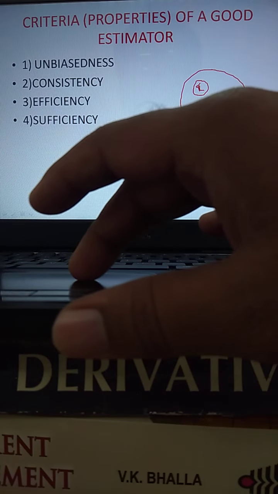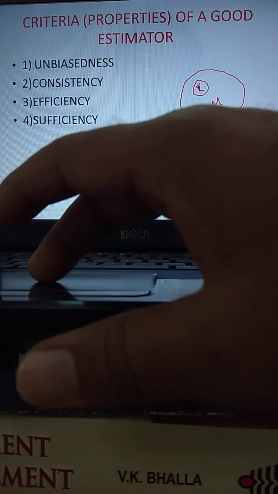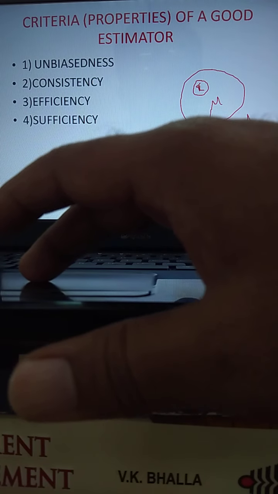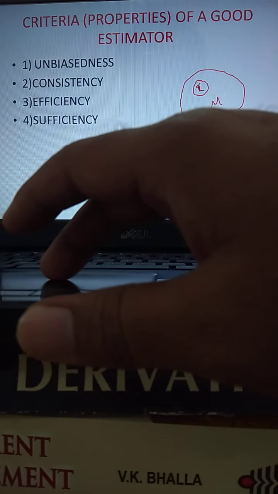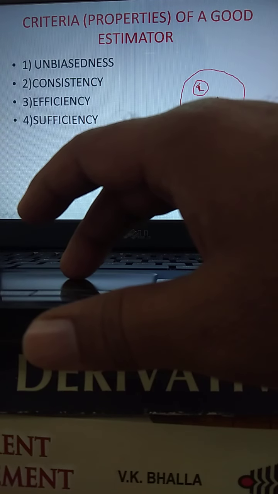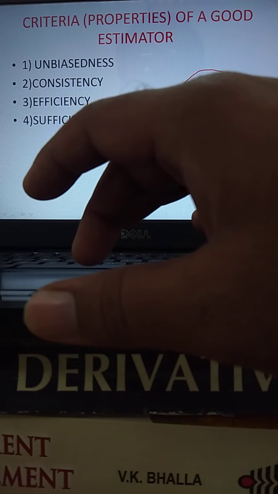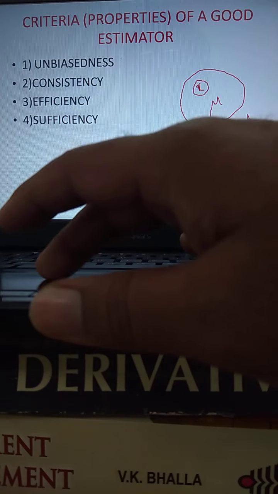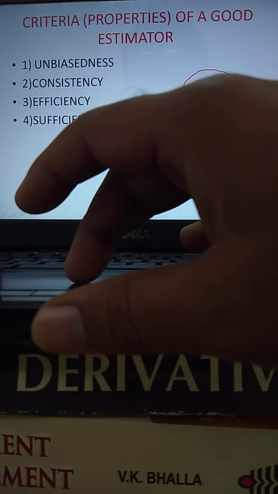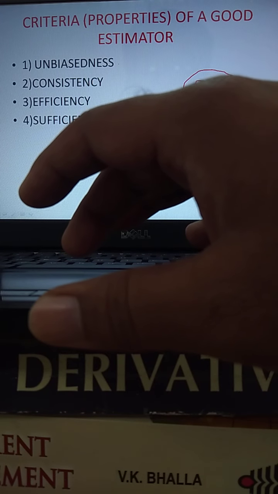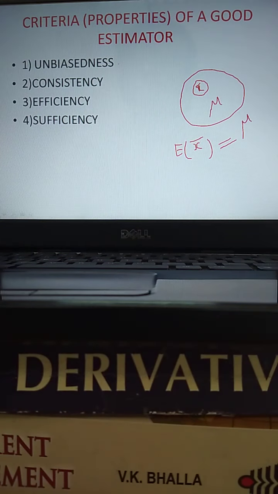If the expected value of x bar, that means the average of all these x bars, is going to be mu, the population mean, then one can say that the formula is satisfying the unbiasedness property.